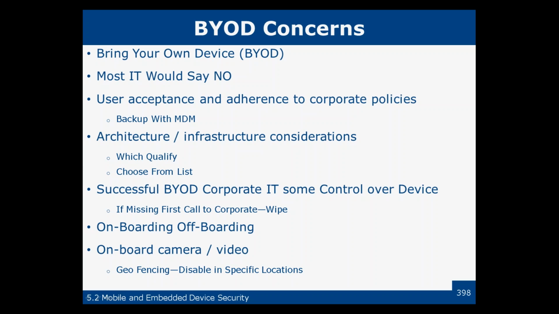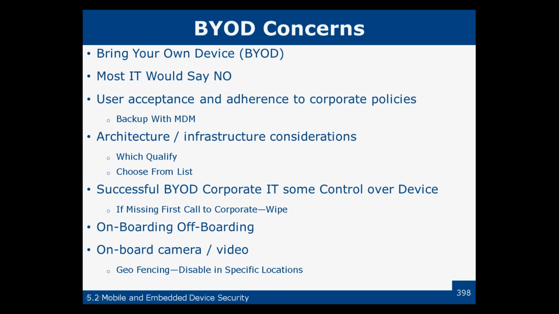And then the architecture and infrastructure considerations. Which of the devices qualify, I kind of mentioned this before, and what you may have to do is set up a choose list, because you're probably not going to be able to support all of them. Successful BYOD corporate IT has to have at least some control over the private devices, and that's where we get into issues.